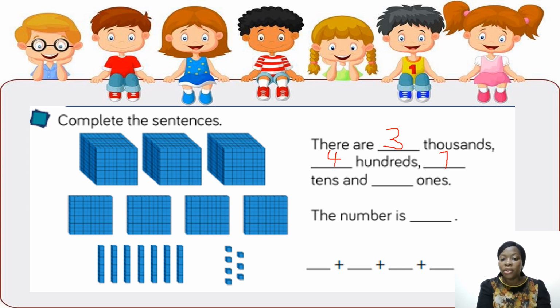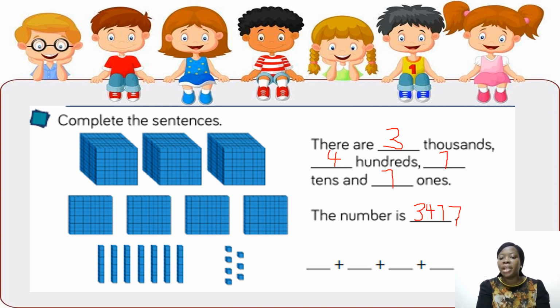And how many ones do we have? Once we have individual ones like this, very tiny, they represent ones. Let's count together. 1, 2, 3, 4, 5, 6, 7. 7 ones. So what is the number? The number is 3,477.